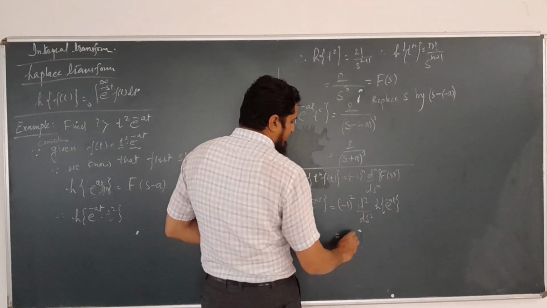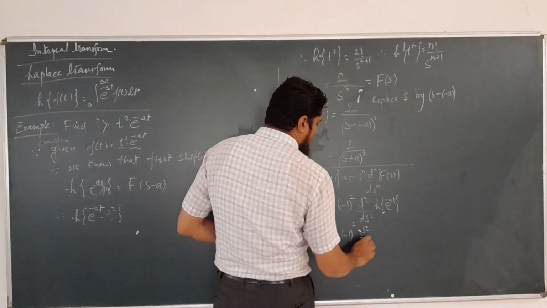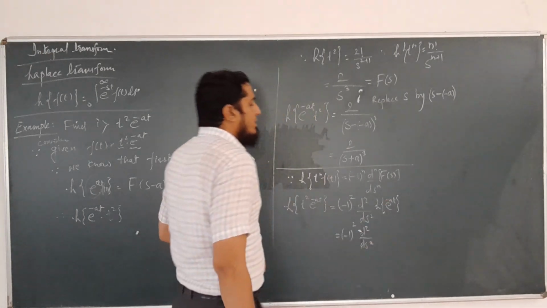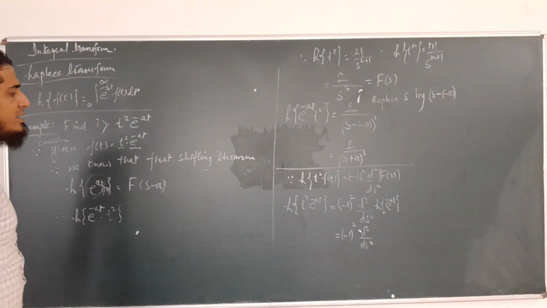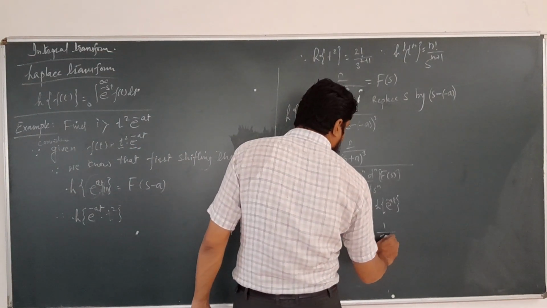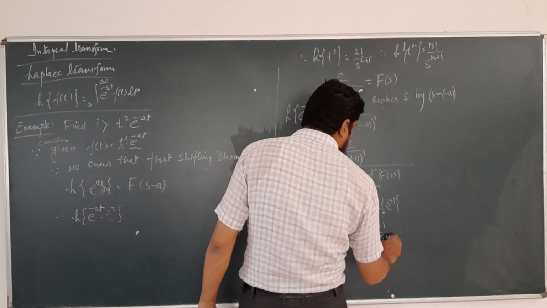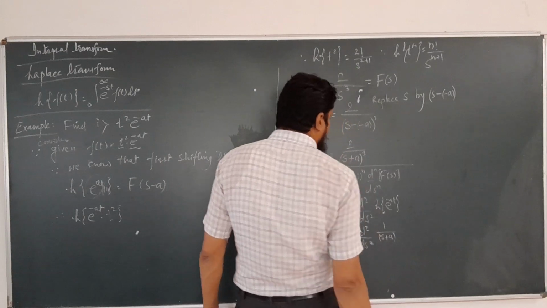So we will get (minus 1) square d square by ds square, and the Laplace transform of e raised to minus at becomes 1 upon s plus a. Correct?